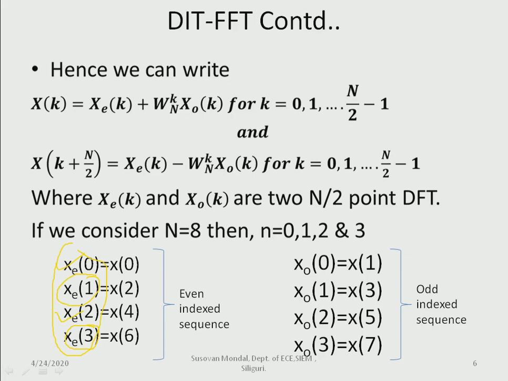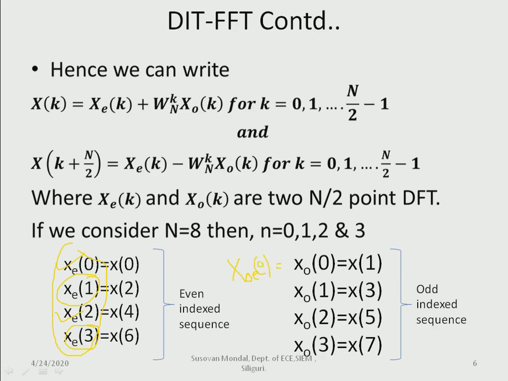Similarly, this odd index sequence can again be decimated into even index and odd index. How? We can write this equation as x odd of even of 0.